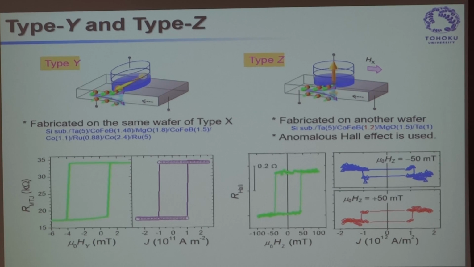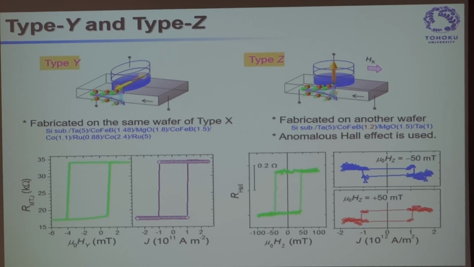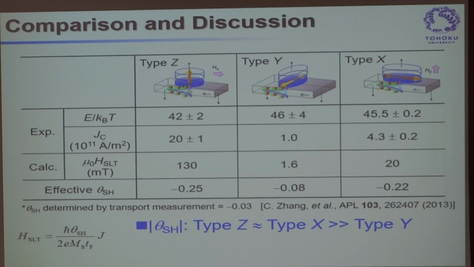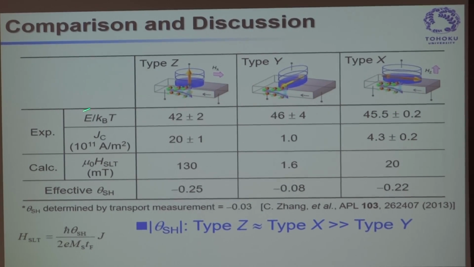The good thing is that we can get this device from exactly the same wafer. The only thing we did was to just rotate the easy axis by 90 degrees, and we managed to have very similar E over kBT energy barrier.